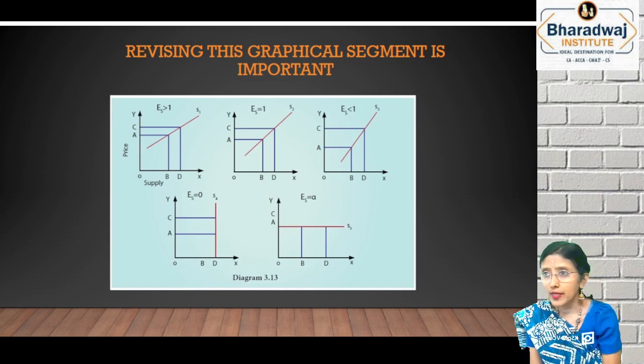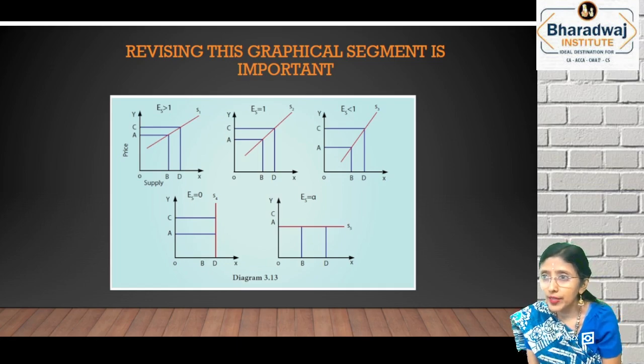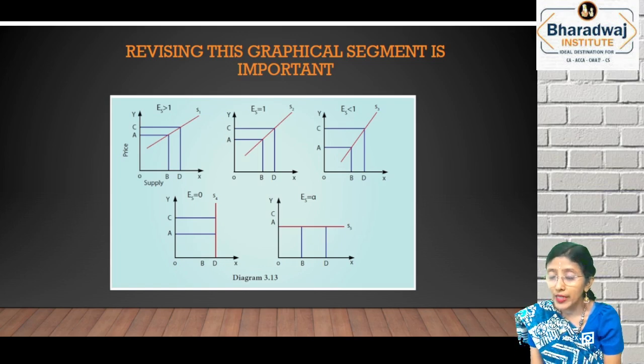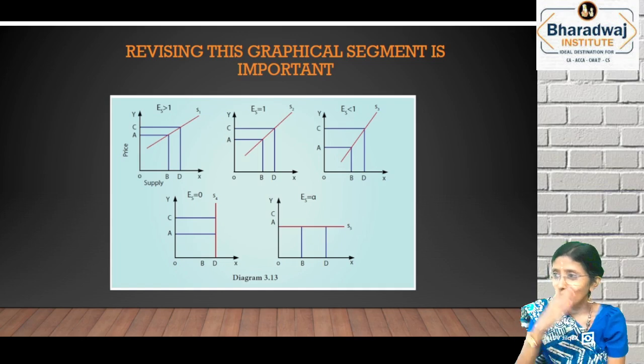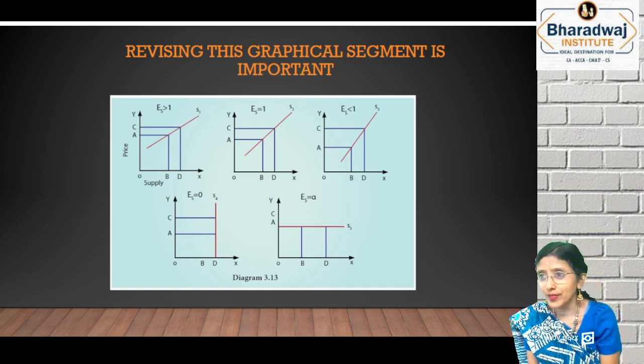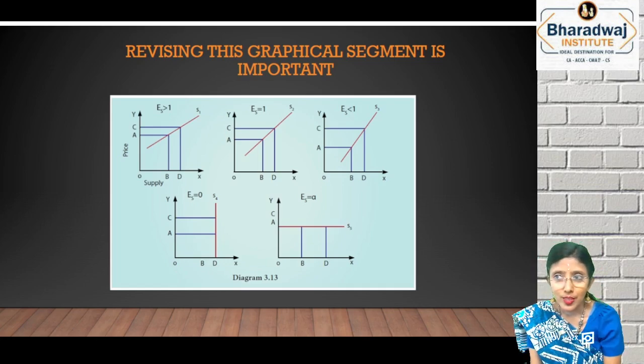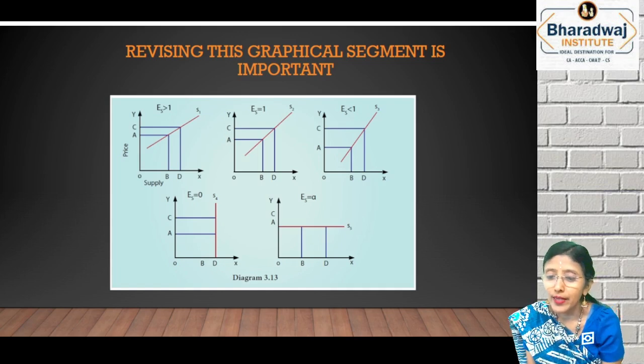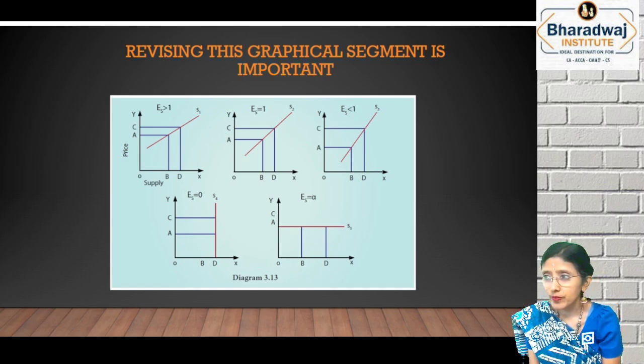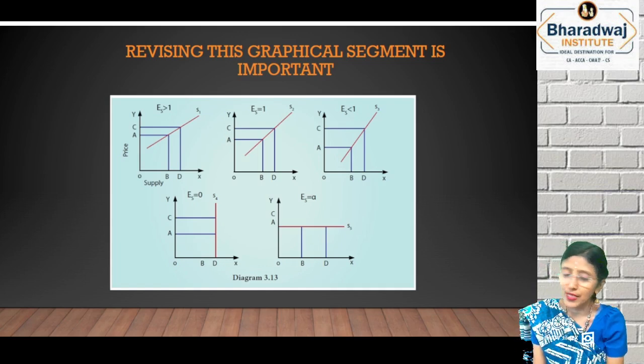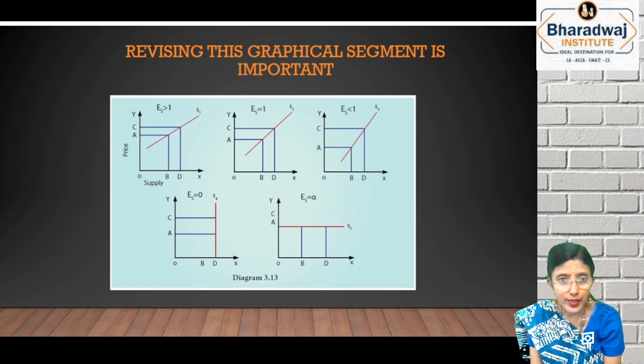Now here, can you just give the names of all these graphs, starting from ES greater than 1? ES greater than 1 is relatively elastic supply. ES equal to 1 is unitary elastic supply. ES less than 1 is relatively inelastic supply. ES equal to 0 is perfectly inelastic supply. ES equal to infinity is perfectly elastic supply.